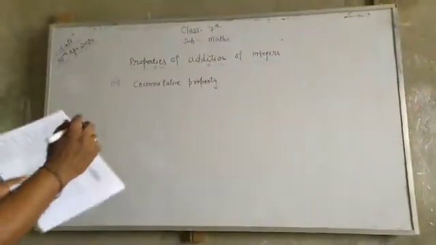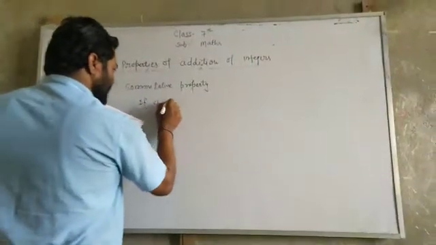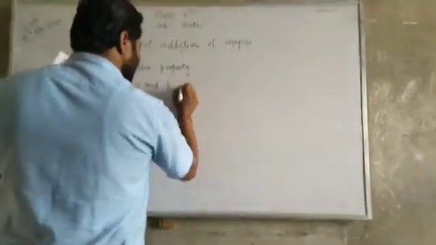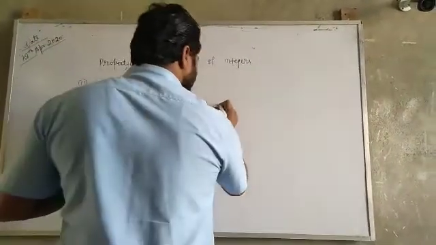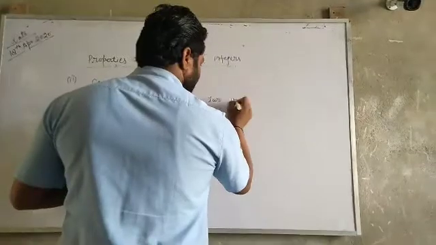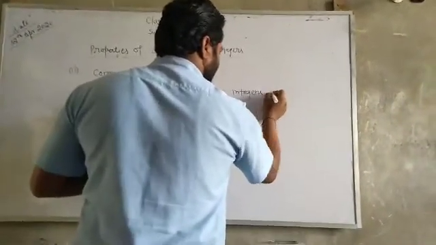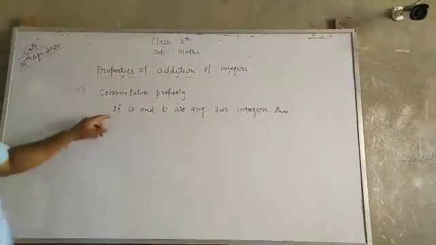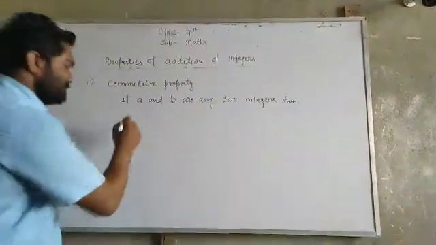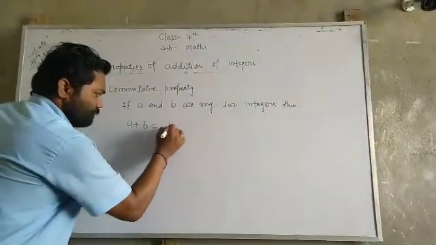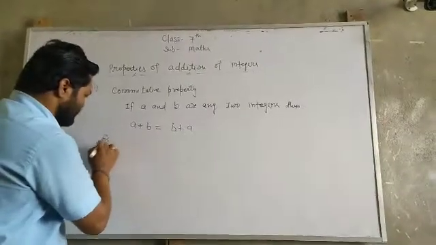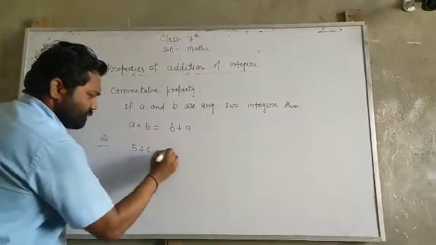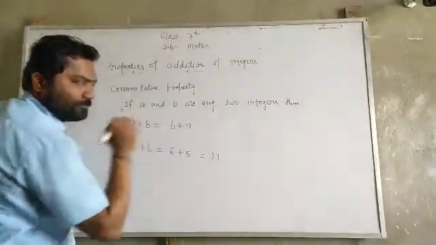In this property, if A and B are any two integers, then A plus B equals B plus A. We can verify this equation by this example. 5 plus 6 equals 6 plus 5, which is equal to 11.